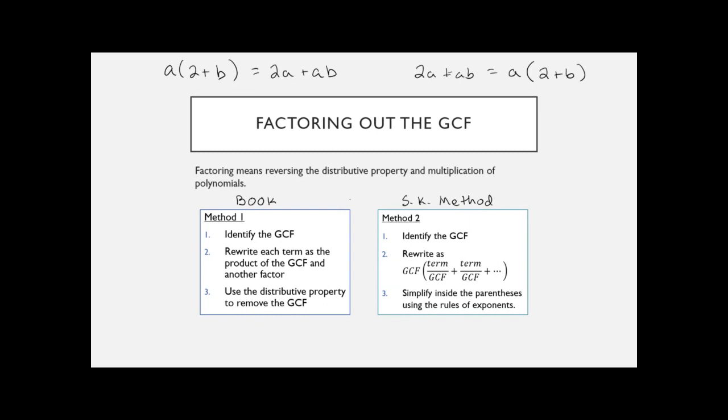I'm going to show both methods for a while, and then I'm going to focus on my method. But when you go to factoring, you can use either one of the methods, whichever one works best for you. Eventually you want to get to the point where you don't have to write some of these. You want to be able to skip step 2 in both methods and just do it in your head. If you can do that, that means you are on the way to being really good at factoring.